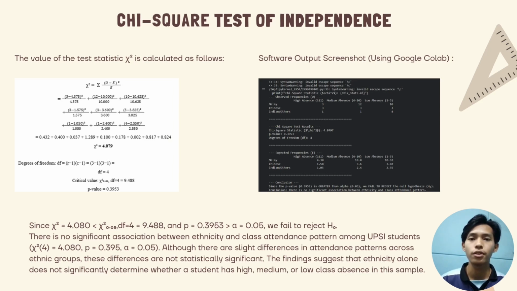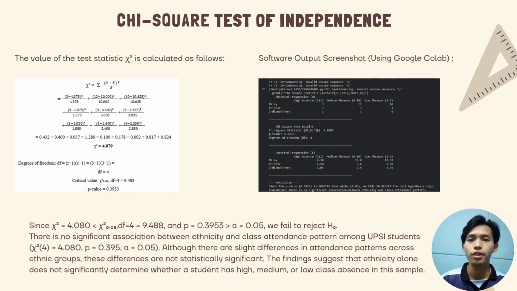So we found that the chi-square test statistic, 4.080, is smaller than the critical value at the 0.05 significance level and degrees of freedom 4, which is 9.488, and the p-value 0.3953 is higher than the significance value alpha equals 0.05.